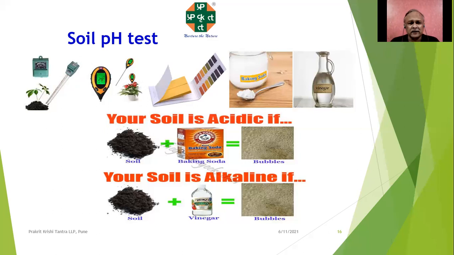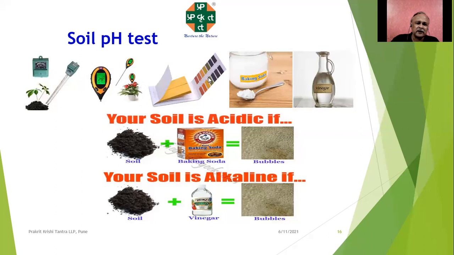Once the soil particles settle and the solution is clear, you take a strip and just dip it in the solution and bring it out, and you will find that the color changes. After the color has changed, you try to match the color and see the pH range.